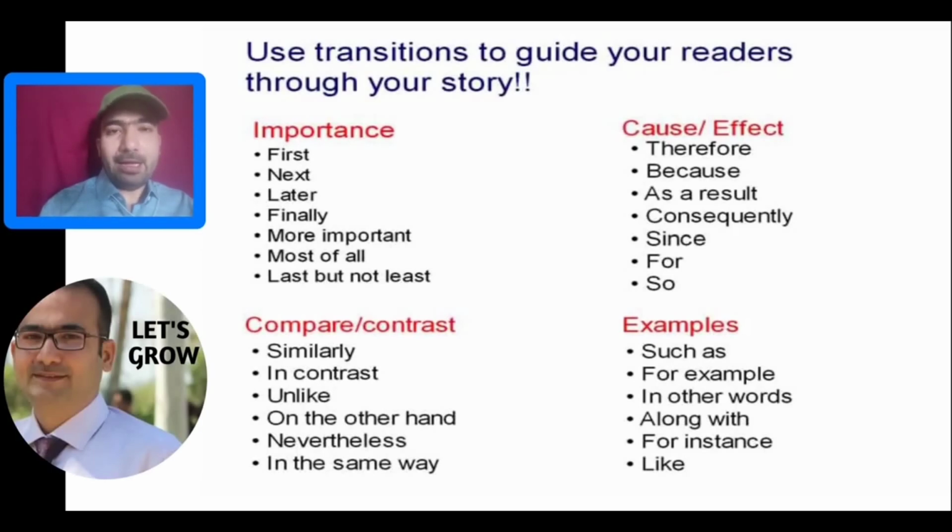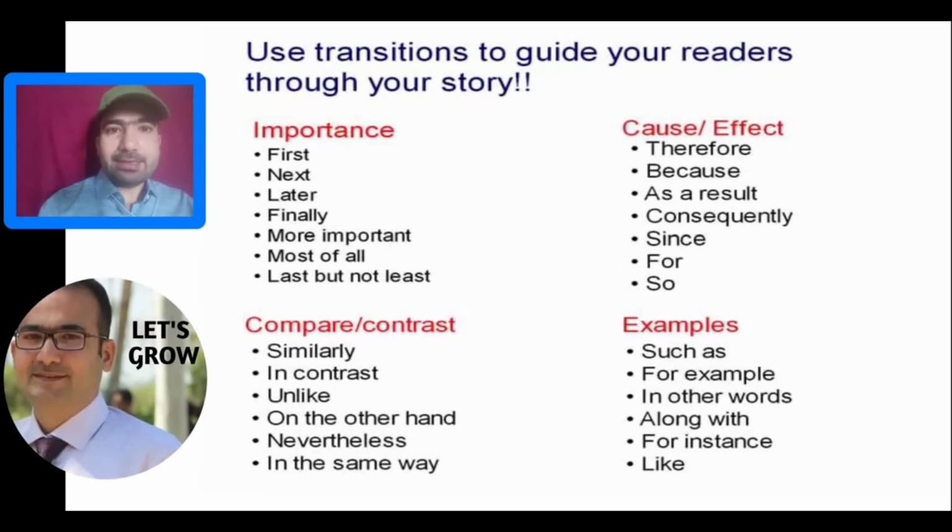Remember, I have also made a video about transitional words. You can also check the description box for the link. Further, cause and effect: therefore, because, as a result, consequently, since, for, so.